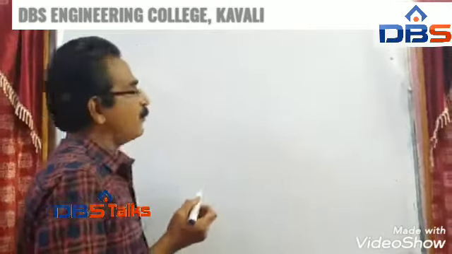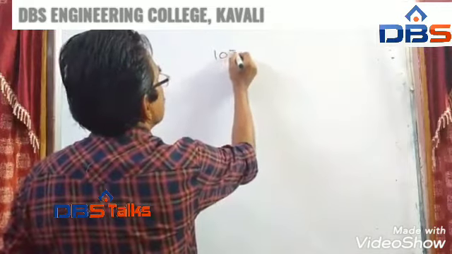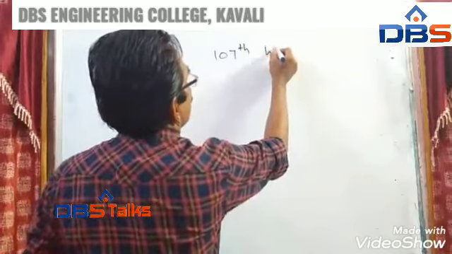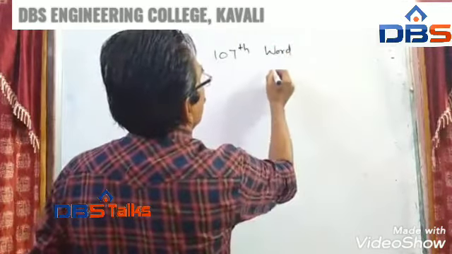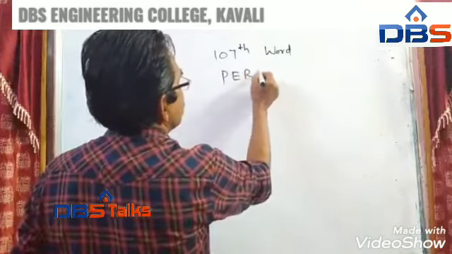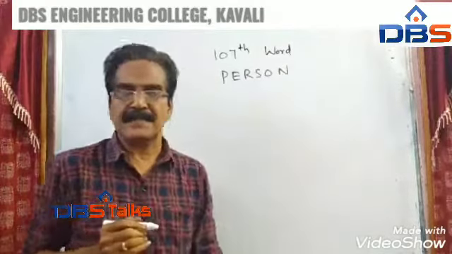Okay, friends, our next problem is: what is the 107th word? And the word is PERSON. P-E-R-S-O-N, person.